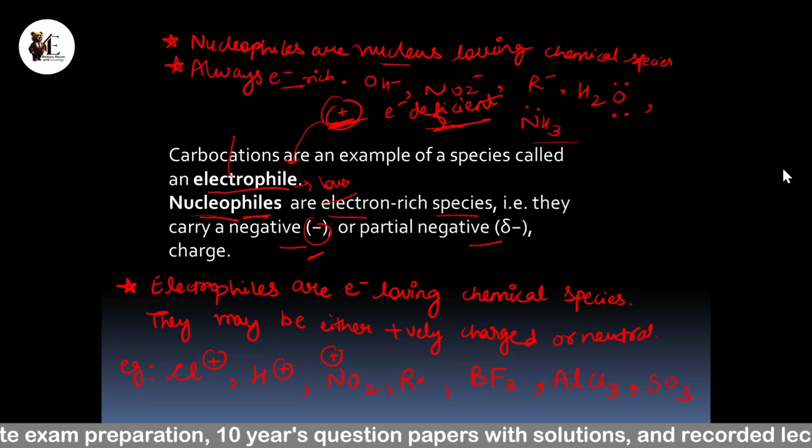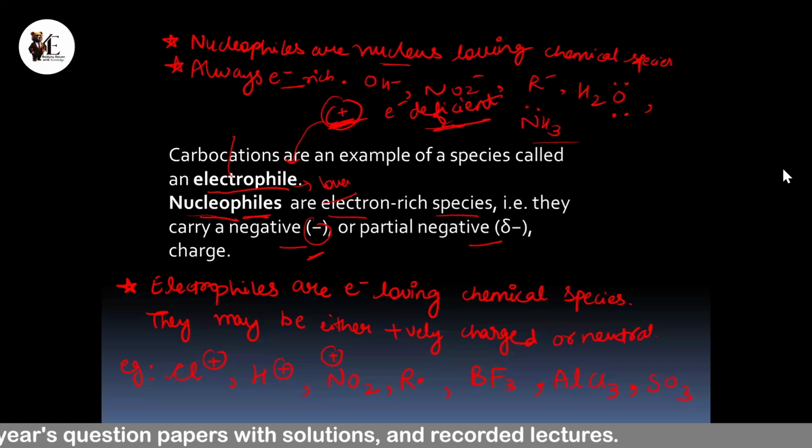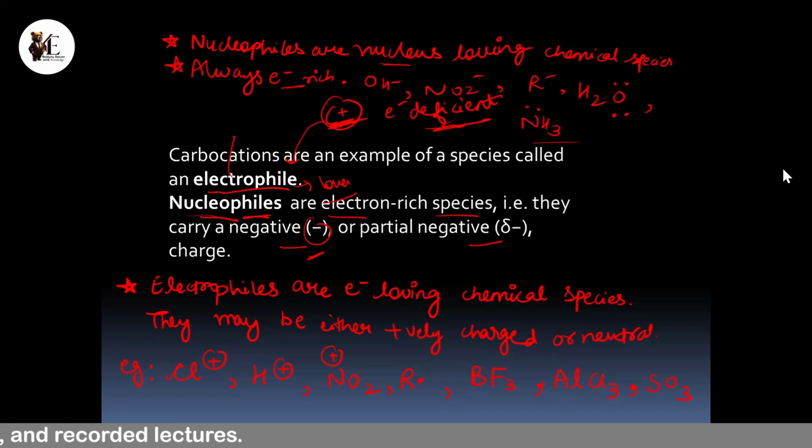So you can easily identify if there is a negative charge or lone pair, then it is the category of nucleophile. And if there is a positive charge, then it is electrophile. And you have to remember some examples which we already have covered, BF3, AlCl3, SO3, they are already electron deficient.